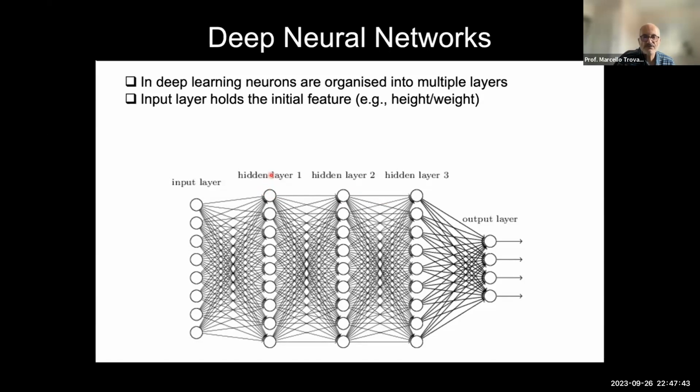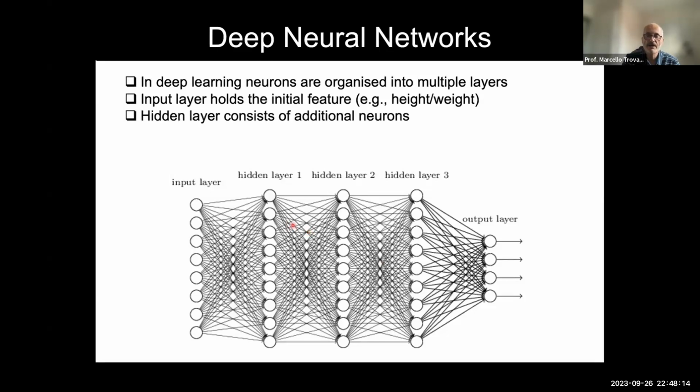The idea is that if you add more and more of these hidden layers, the more precise it will become. But it will become also very computationally demanding. So deep learning is because the network becomes deep. We have a large number of all these layers. And with all these extra layers, we also have a large amount of weights to understand and to assess.